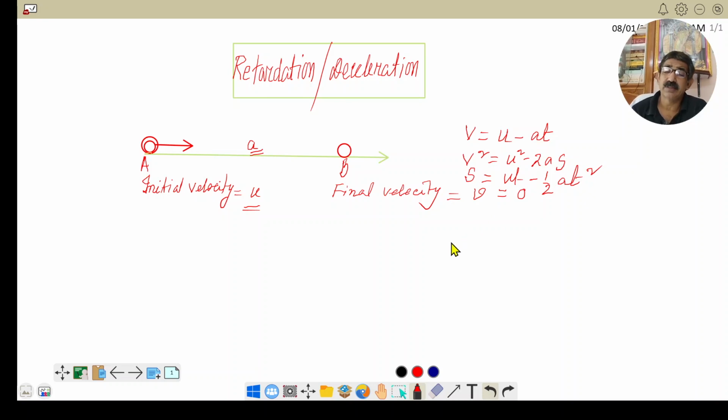So all the equations will be changed from plus to minus, nothing more than that. So these three sets of equations will be like this in case of retardation.